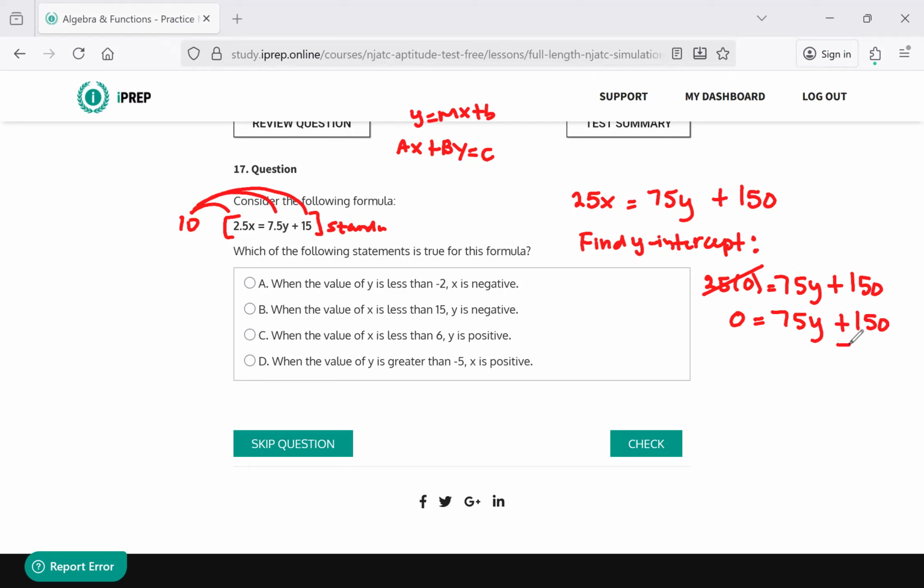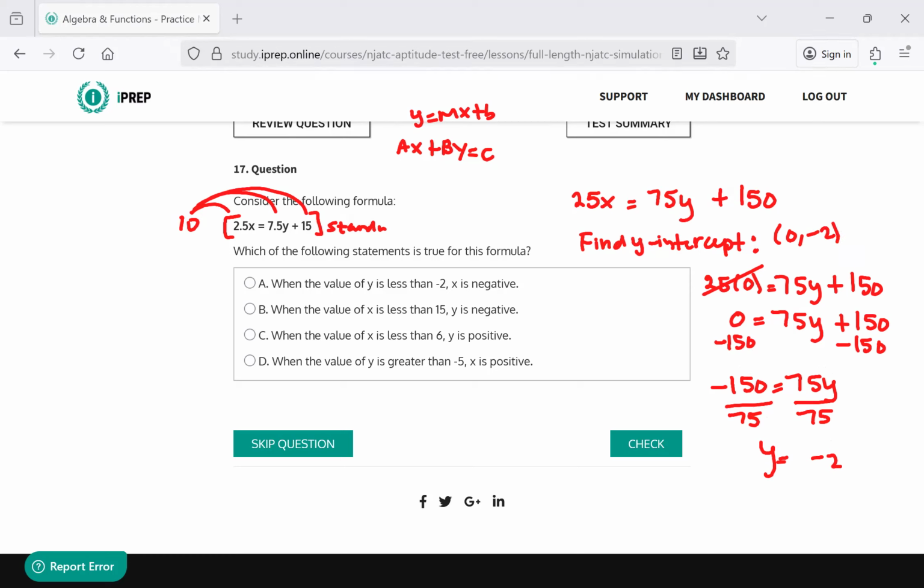Solve for y: subtract 150 from both sides, and you get negative 150 equals 75y. Divide by 75, and you get y equals negative 150 divided by 75. Without a calculator, that's doable. That is negative 2. So you have a y-intercept at (0, -2).